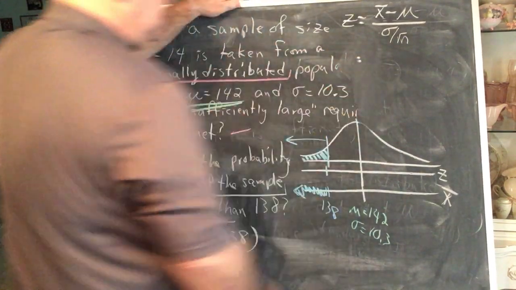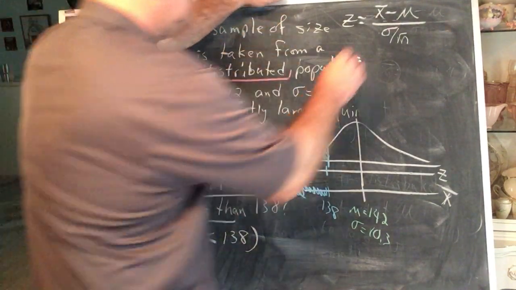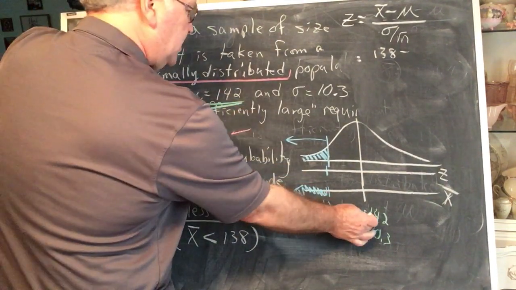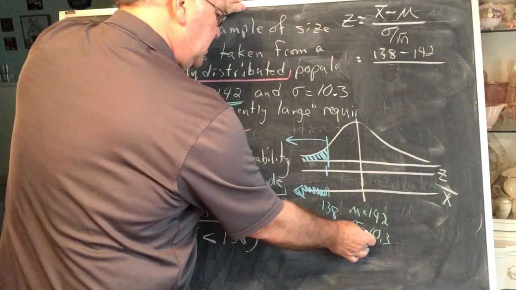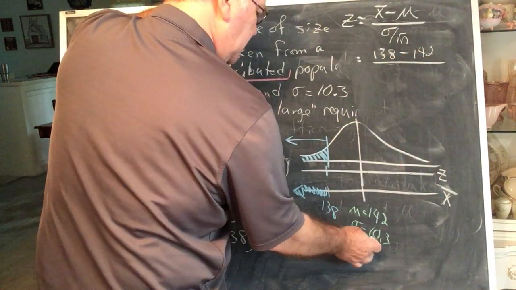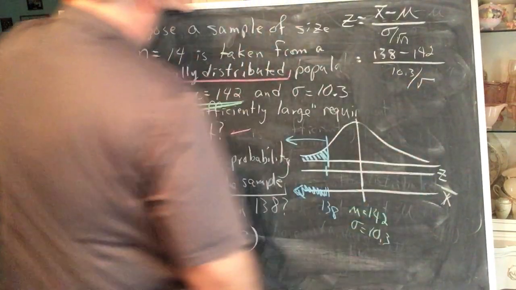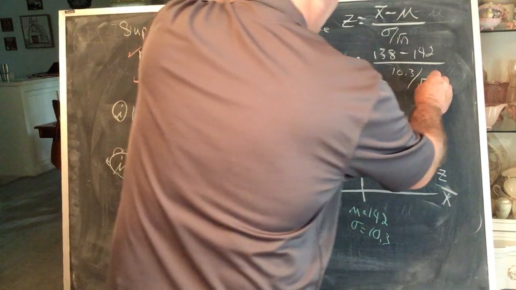Let's substitute and simplify. X bar is given, 138, minus mu is given, 142, over sigma is given, 10.3, over the square root of the original sample size, which was 14.